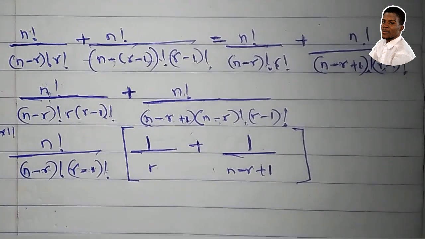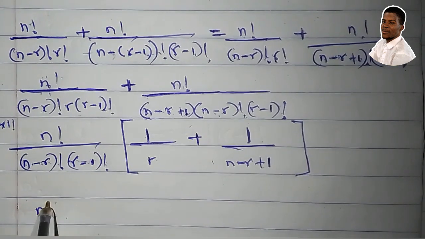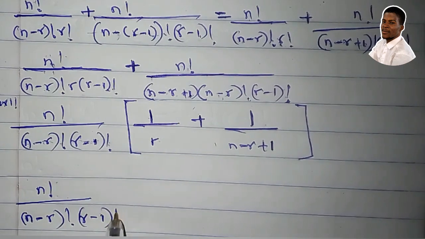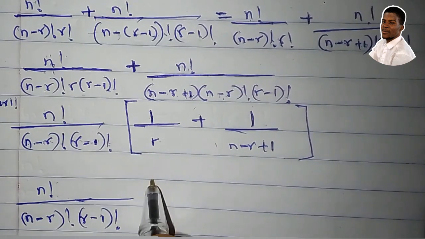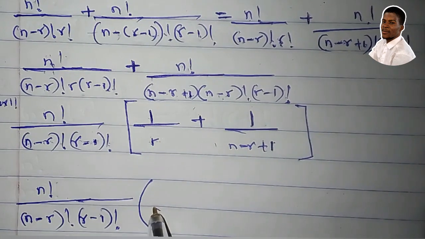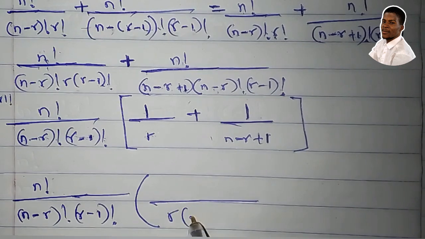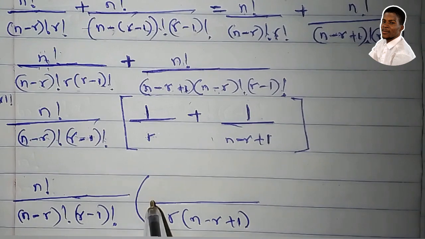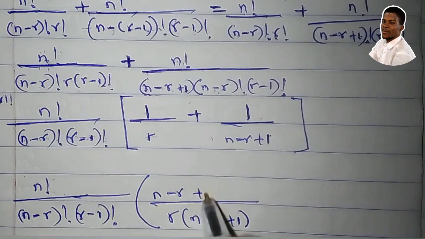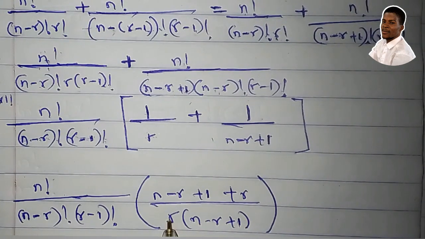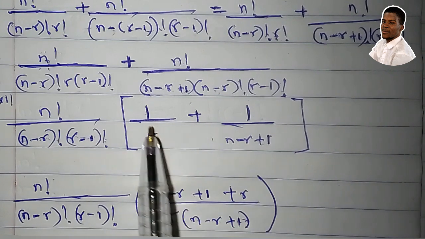So let me simplify that bracket. We have n factorial all over (n minus r) factorial (r minus 1) factorial. Then in the bracket we are having, by LCM, the product of the two, that is r times (n minus r plus 1). Simplifying it, we'll be having n minus r plus 1 plus r. Divide this LCM by r, we'll have just n minus r plus 1 times the 1.